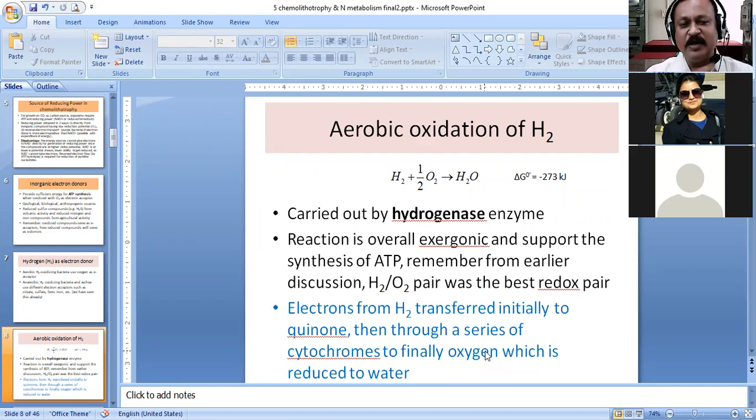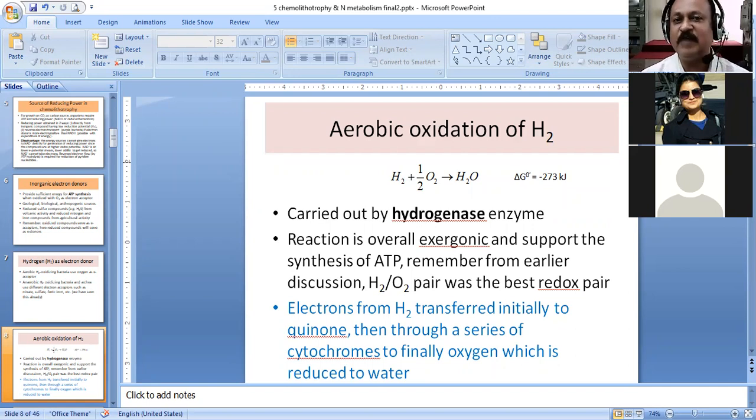During this chain of transfers, at certain points there are what are called proton pumps, and the proton pumps release the protons to the outside of the membrane. And that will generate ATP. A similar mechanism is also seen in these chemolithotrophic organisms.